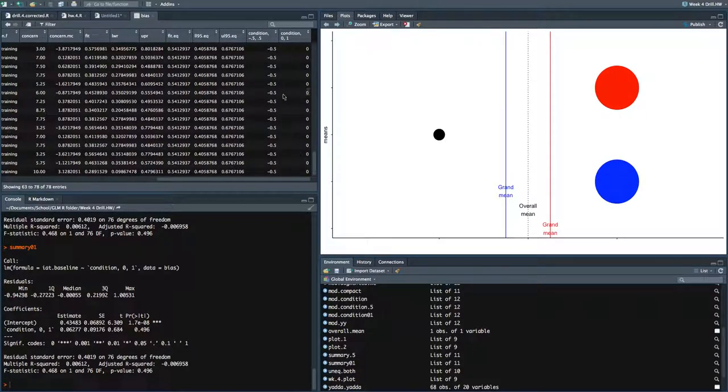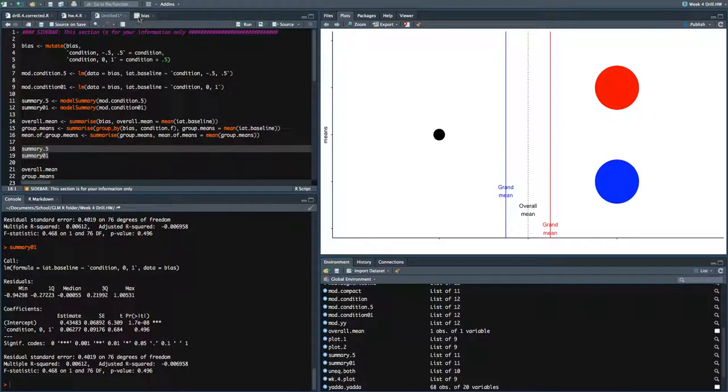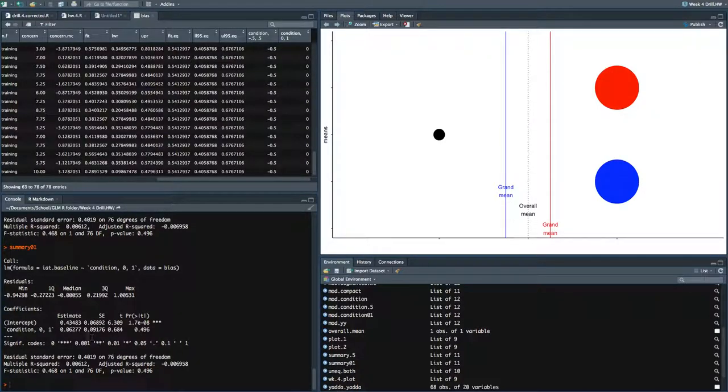So when we look at this output right here, this is the estimate when condition is equal to 0, or in other words, when condition is no bias training.